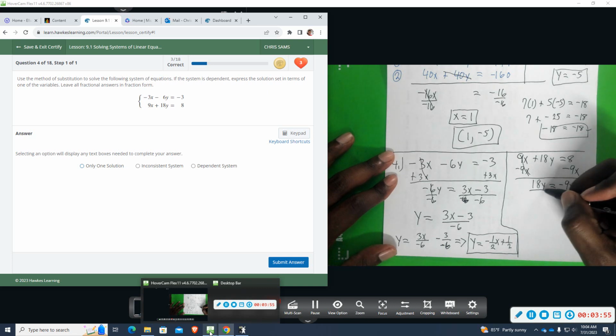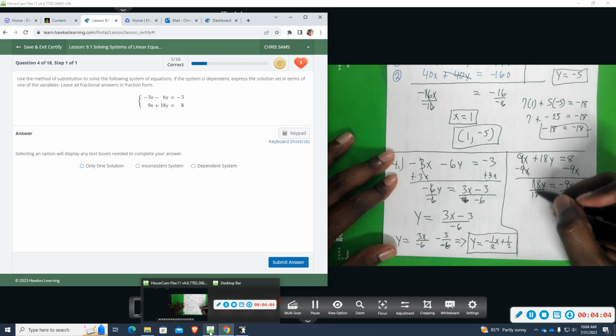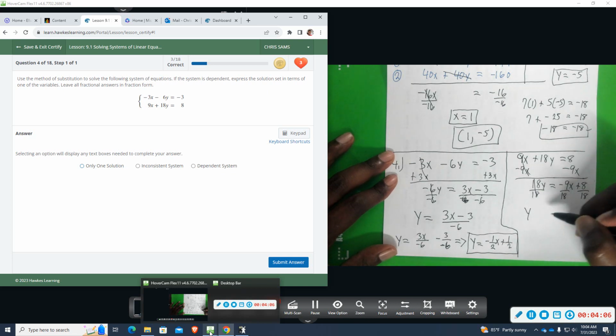We're going to divide by 18. So I'm going to go ahead and put everything and simplify it. 18 divided by 18 is 1, so that leaves me with y equals 9 over 18 will reduce to 1/2, so a negative 1/2 x, and 8 over 18, both of those are divisible by 2, so that would leave this with a 4 over 9.